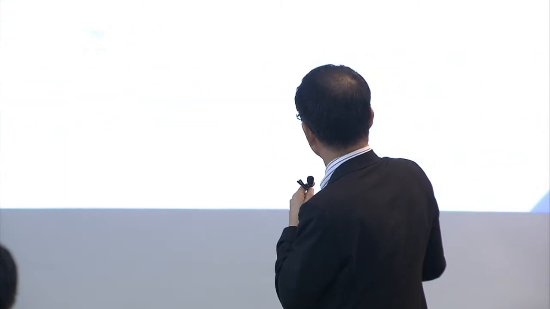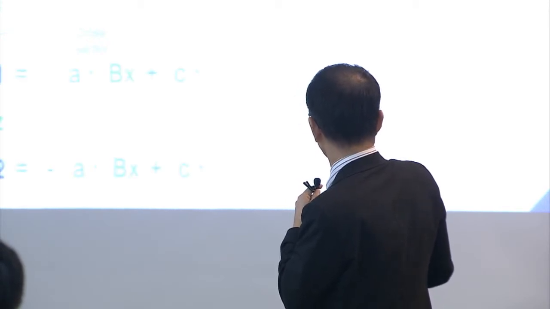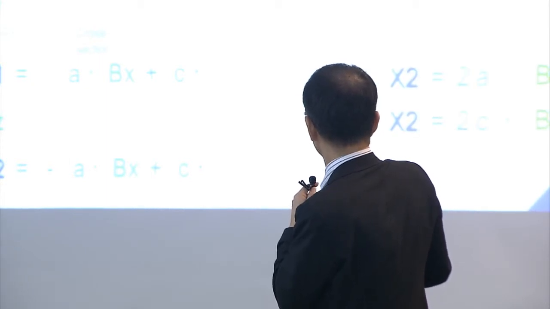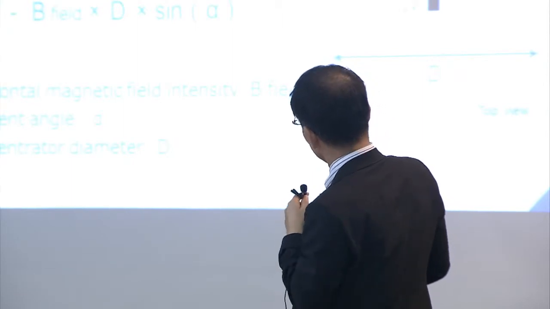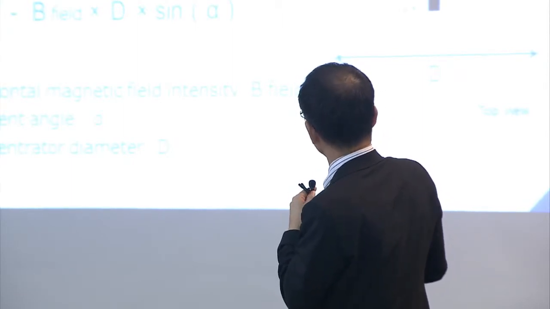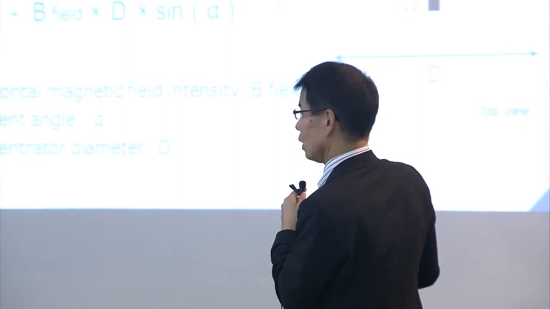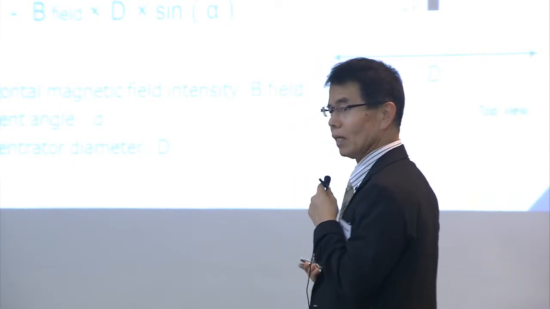So we can detect the horizontal magnetic flux according to this formula, and we can calculate the intensity of Bx, Bz, and also By. In addition, we can also detect the incident angle here, alpha, with this formula. This technology is applied to the angular sensor.